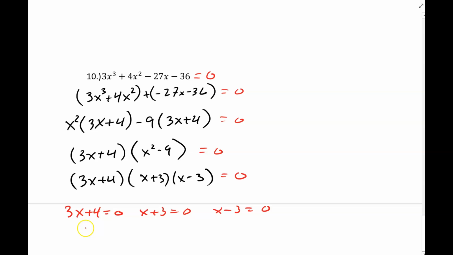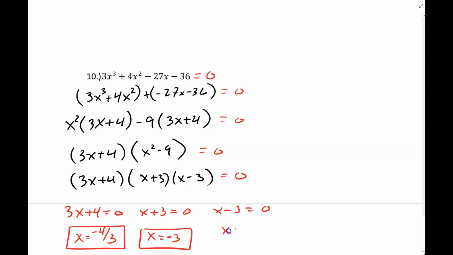So for the first factor, I can subtract 4 from both sides and then divide by 3. For the second factor, I can subtract 3 from both sides. And the third factor, I can add 3 to both sides. So my answer would be -4/3, -3, and +3.